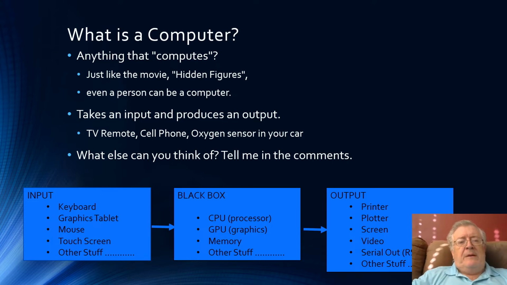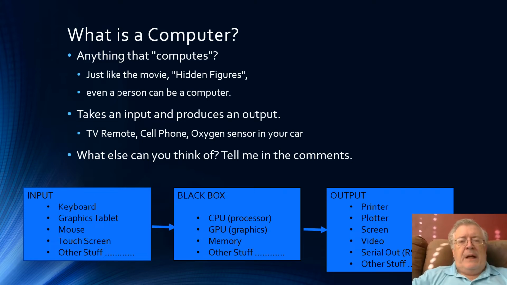Then once you input your information, there's sort of a black box. You can think of it as your desktop, your little black box that sits there. You don't need to know what's going on in there. Most of you have no idea what's in there, and there's nothing wrong with that because it's just a black box.